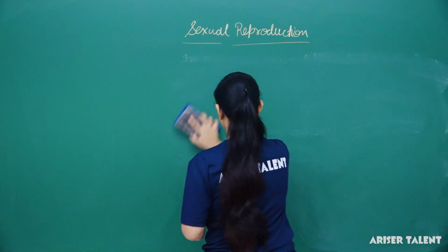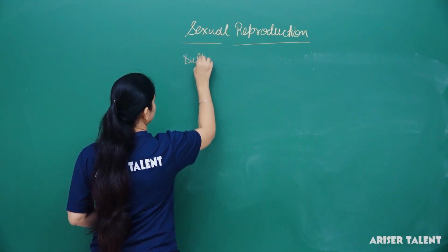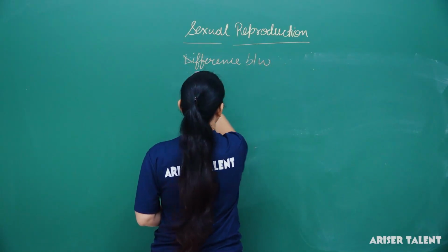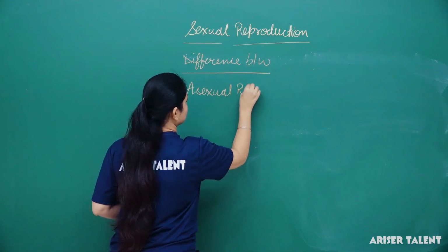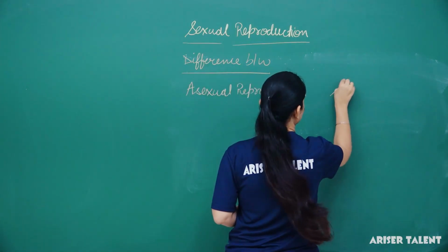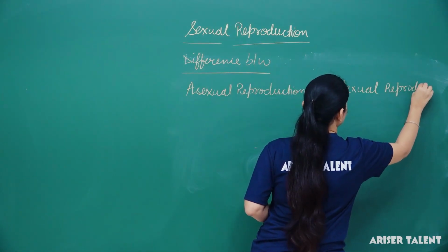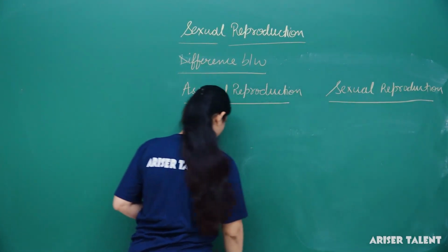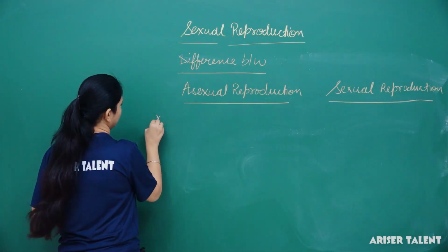Difference between asexual reproduction and sexual reproduction. What happens in asexual reproduction? Generally one parent takes part in it.